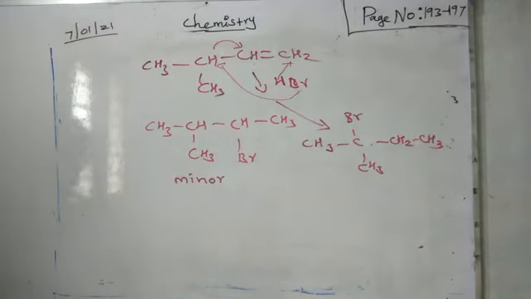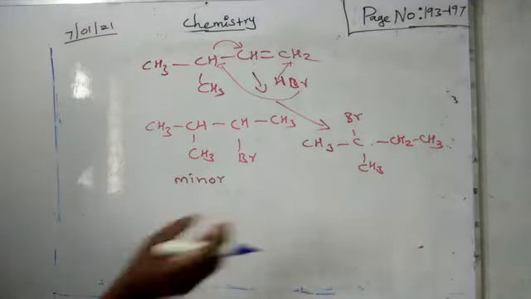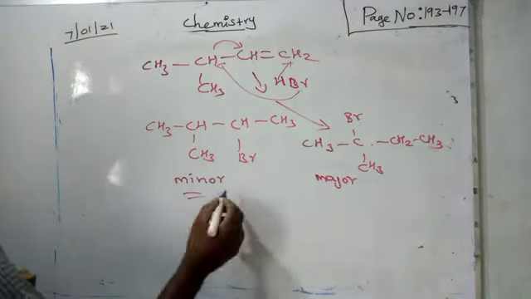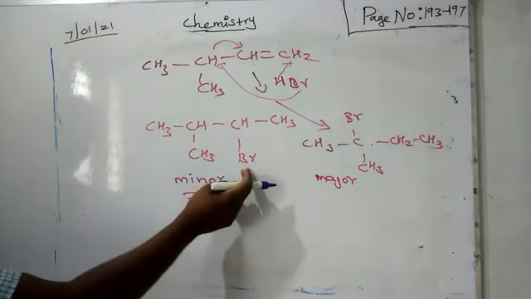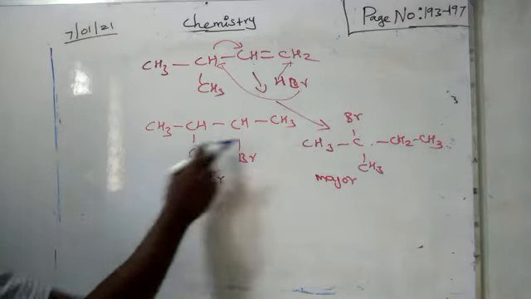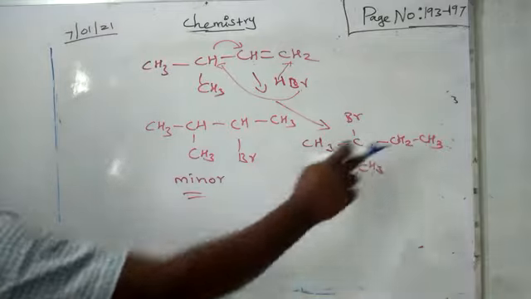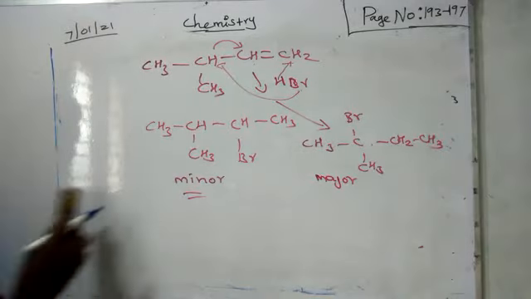So what type of rearrangement takes place? Before that, this is our major product, this is our minor product. 2-bromo-3-methylbutane and 2-bromo-2-methylbutane. So the second one is the major product.